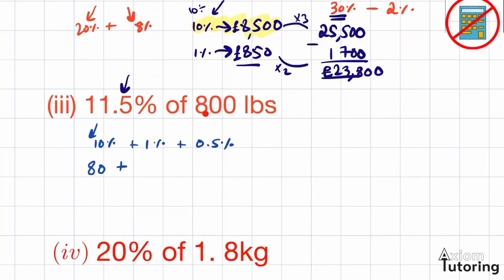We simply divide by 100 and get 8. But if you want to work out 0.5%, that is half of 1%. So we divide 8 by 2 and we get 4. And if we add these together, we get 92 pounds.